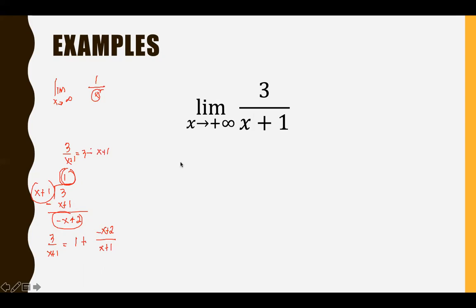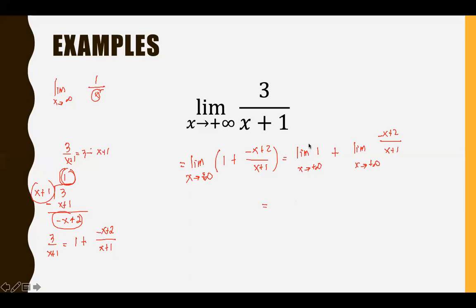So instead of writing that, we can write it this way: the limit of 1 plus negative x plus 2 over x plus 1 as x approaches positive infinity. So we can distribute. This will be the limit of 1 as x approaches positive infinity plus the limit of negative x plus 2 over x plus 1 as x approaches positive infinity.